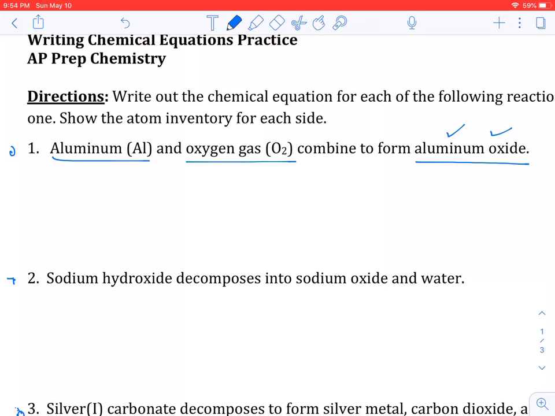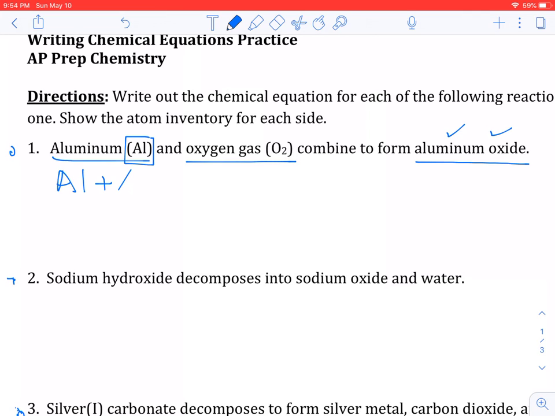So starting with what I have, it says I have aluminum, which is a metal, which is why, since it's a metal, it's a singular Al atom by itself. And, so plus, oxygen gas. So oxygen is a nonmetal. It's on the right side of the periodic table.